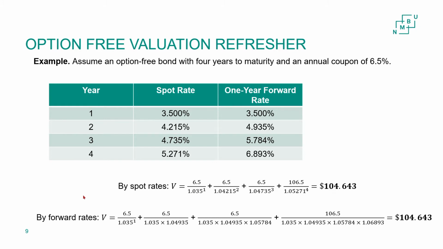If you use the forward rates, then you would discount the corresponding cash flow with the corresponding forward rate, and you would get the same price because the spot rates and the forward rates have to match up. So you get the same price from these valuations.